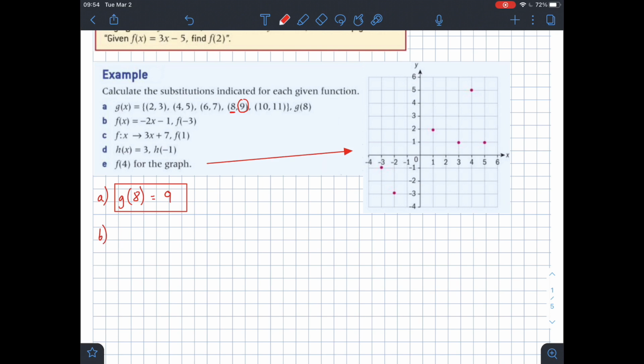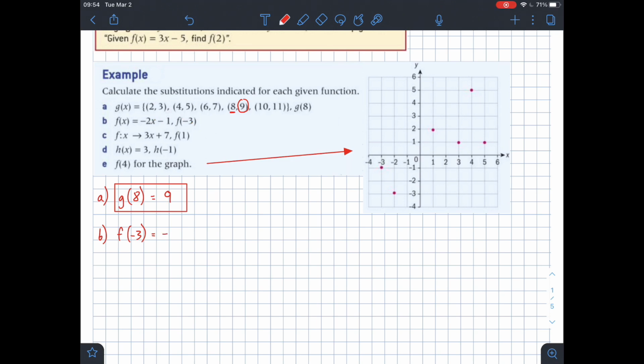Then for part B, it says f of x is equal to negative 2x minus 1, and we want to find f of negative 3. So this basically means, what is the value of y when x is equal to negative 3? So we would say that f of negative 3 is equal to, and basically what we need to do is replace this value of x into our function, right?